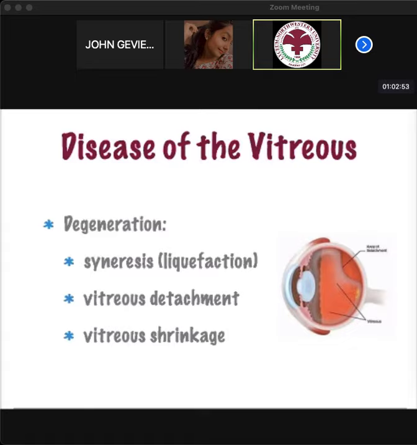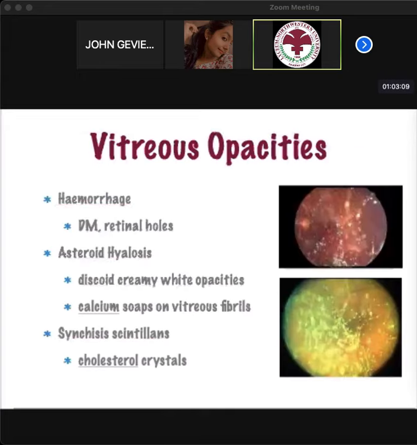Technically, there is no eye drop or treatment for that. Although in other countries, they do vitreolysis. It's a laser that disintegrates these floaters.